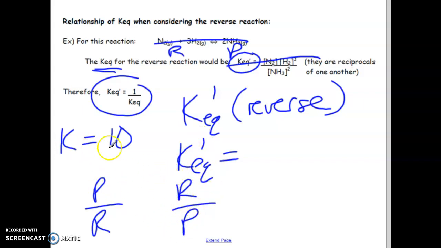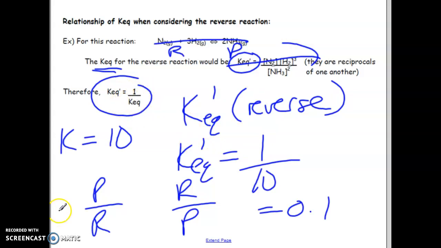It's the reciprocal of one another. So solving for KEQ of the reverse reaction would simply be 1 over the forward reaction K. This can be done, of course, with concentrations, or you can just simply do 1 over K of the forward reaction as shown here.